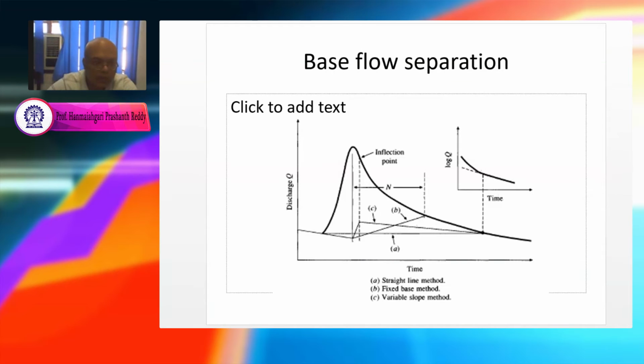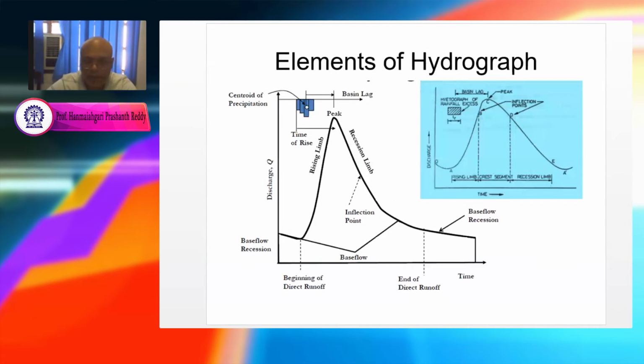You can see, as in the previous lecture, this is the flood hydrograph where rainfall started here. The rainfall hyetograph is shown at the top left corner by this hashing. The rainfall starts at this point, that is the beginning of direct runoff.